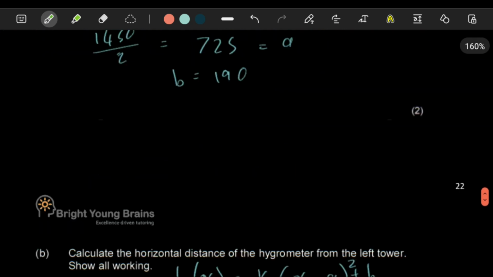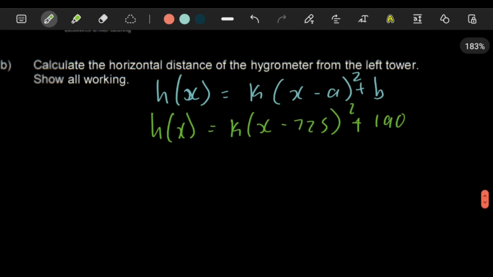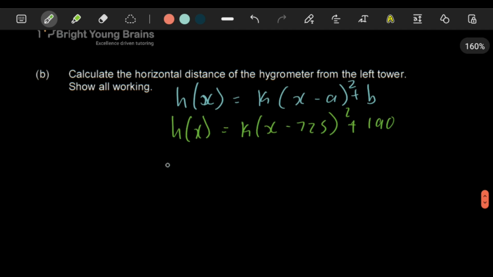So the y value here is 315. Just write this nicely here. 315 is equal to K. X here was 15.